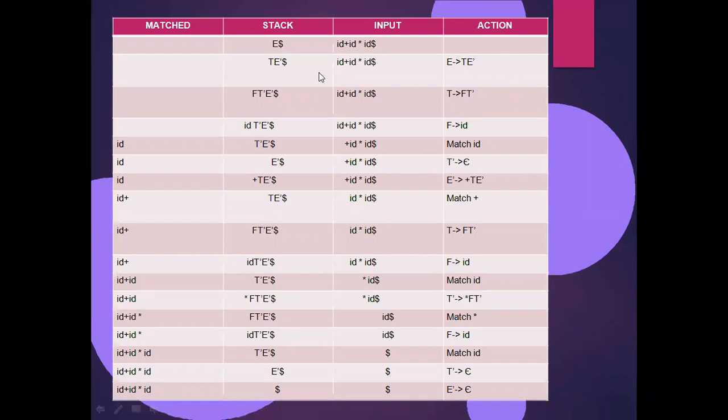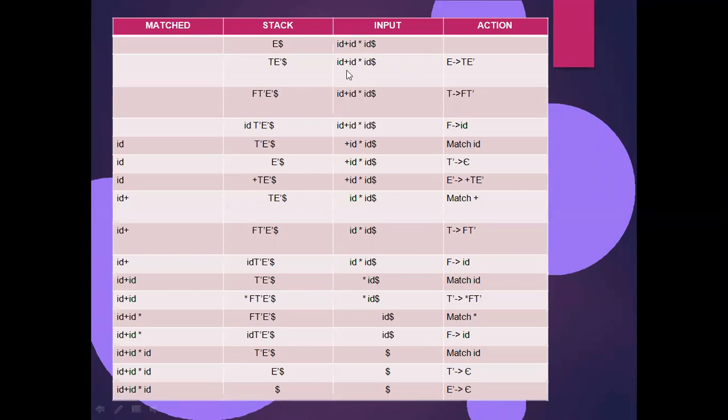Now I am moving by performing some actions. Move M of E comma, what is the first terminal here? Here I am pointing at my look ahead symbol with an arrow.